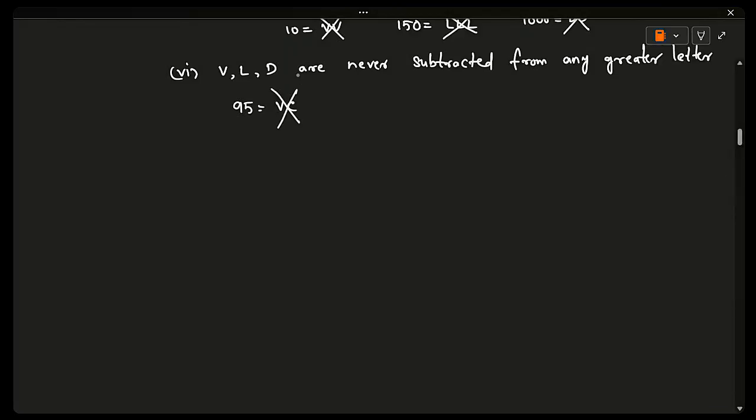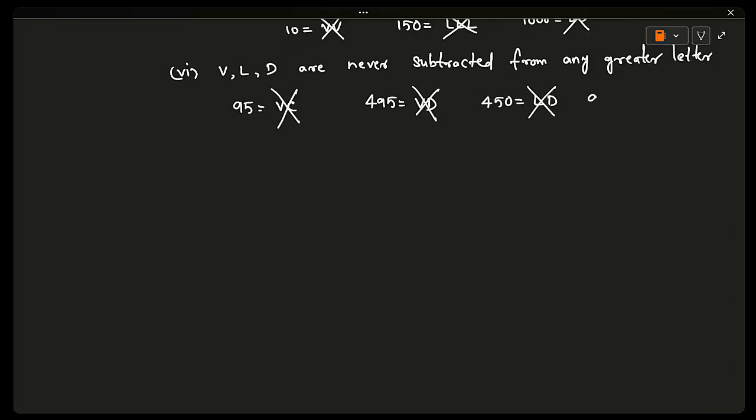Suppose we want to write 495. You cannot write VD. Sir, I want to subtract V from D, 500 minus 5 is 495. Wrong. Similarly, you want to write 450. Sir, I want to write LD. 500 minus 50 is 450. That is also wrong.